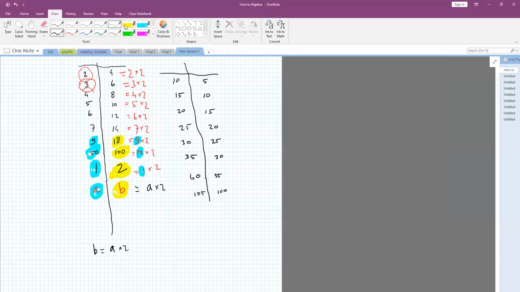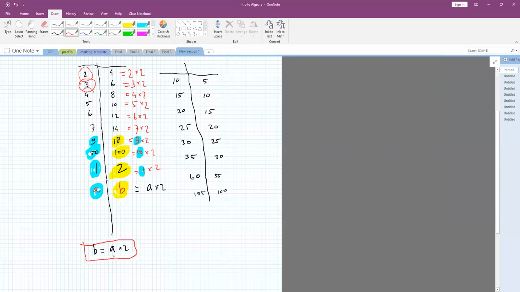This is actually giving us more general relationship in this table. Because you can put any value of A and that will give you the value of B. For example, if you put the value of A equal to, say, 20, then what happens is B is 40. If you put A equal to, say, 30, B is 60.